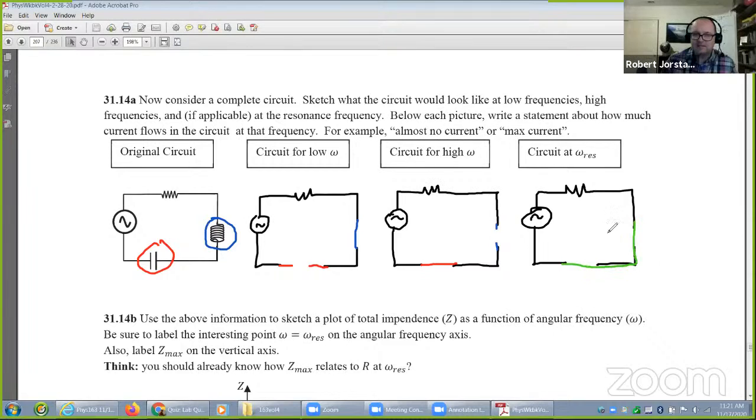So now let's think about this. Let's talk about the impedance here. Remember, Z is a lot like resistance. It's basically a measure of how much current is blocked, or how much you're impeding current here. So if you have an open circuit, is it going to be a large impedance or a small impedance?